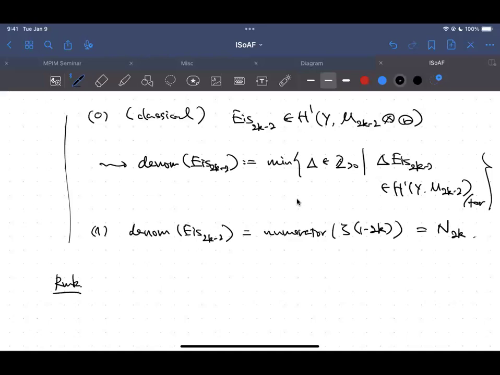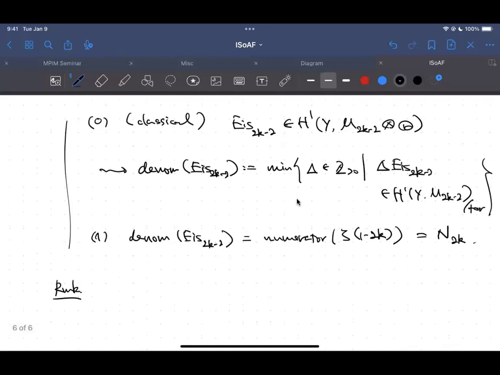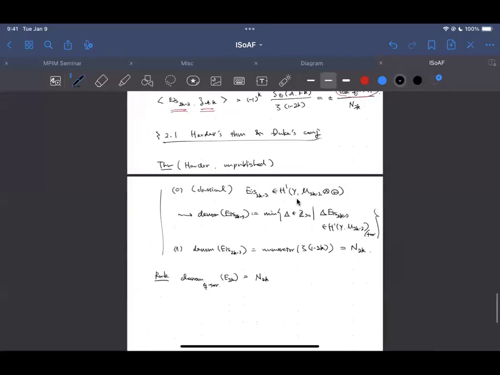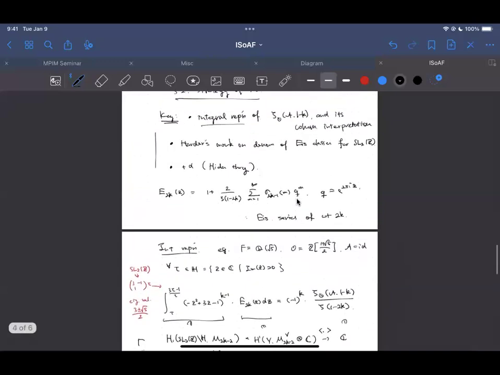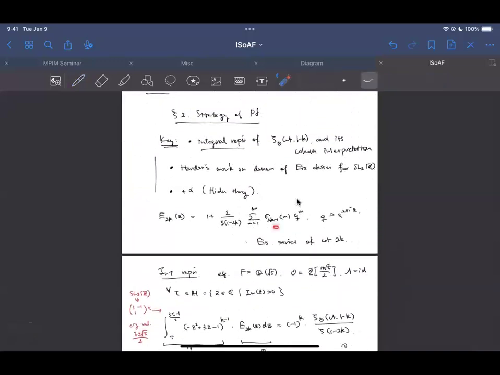Well, at least one aspect of this theorem is that if you recall the definition of this holomorphic Eisenstein series, then you may find that the denominator of holomorphic Eisenstein series as a Q series is exactly this numerator of the Riemann-Zeta value, because here this is integer, so the denominator of this Eisenstein class is coming from the numerator of this Riemann-Zeta value.